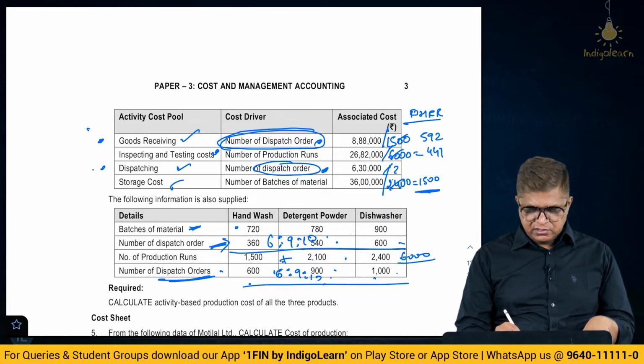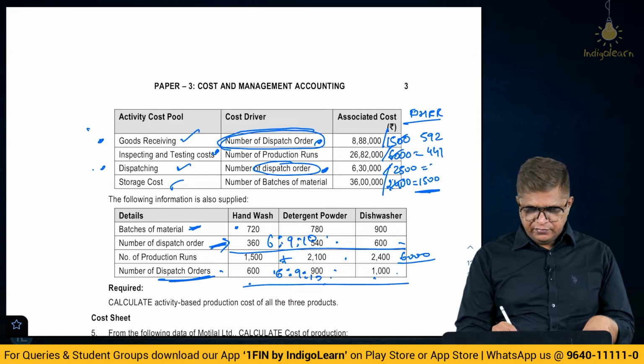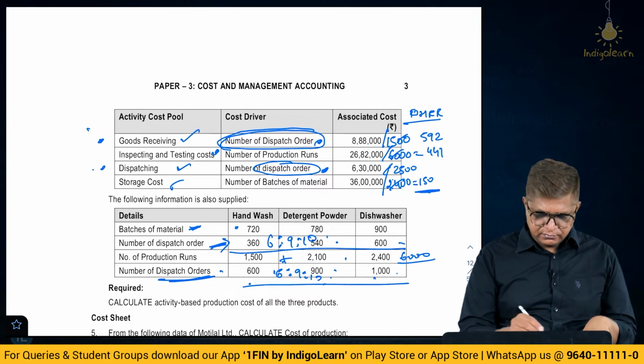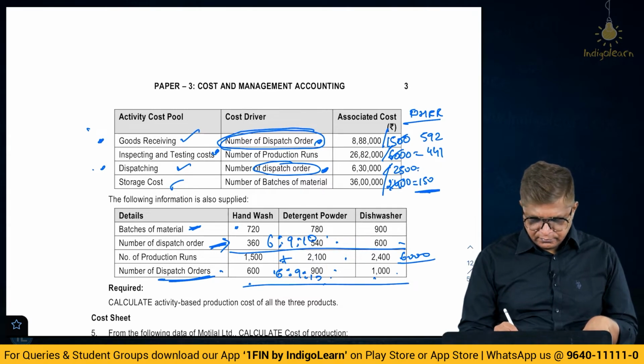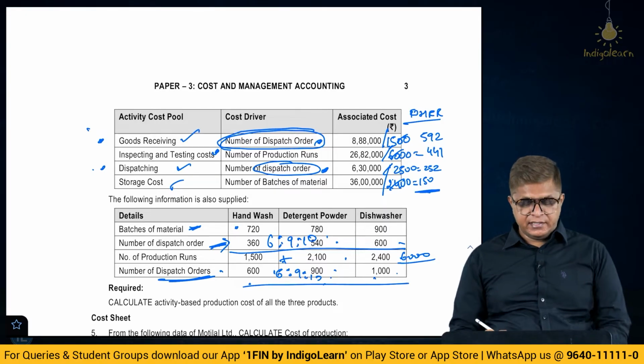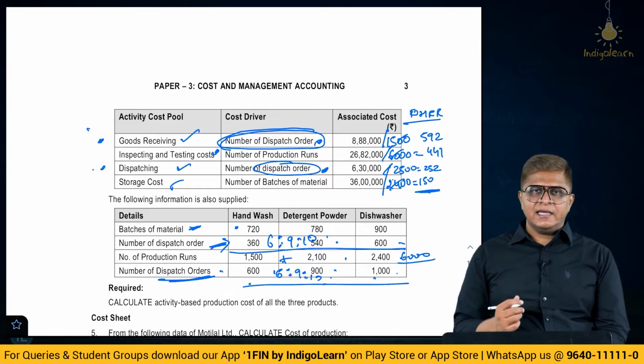So 6,30,000 by 2500, that is 252. So we are going to use these rates in order to calculate the total activity based production cost for all the three products.